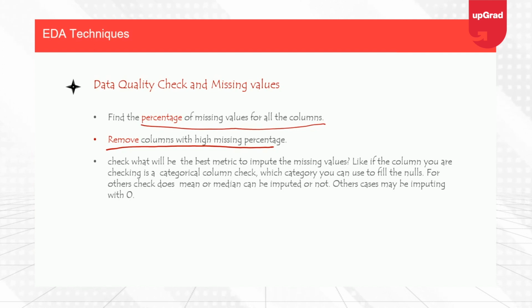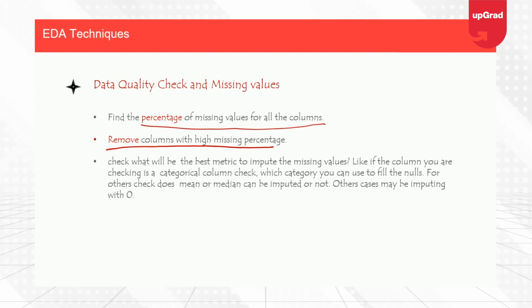Once we have identified the columns with the missing values, and once we have removed the column or we have imputed the values, we are supposed to check if there are any columns with less missing percentage. Let us say somewhere around 10% missing values are there in a given column, or let's say some 15% missing values.